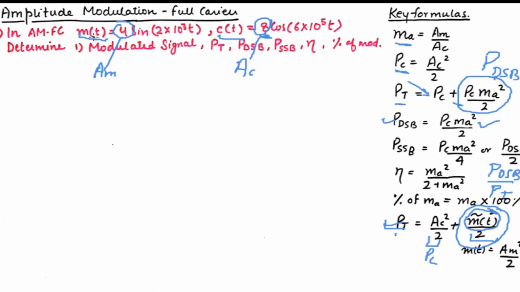Now let's look at this numerical where MT is given, which is the modulating signal, CT is given, which is the carrier signal, and you need to find the modulated signal.